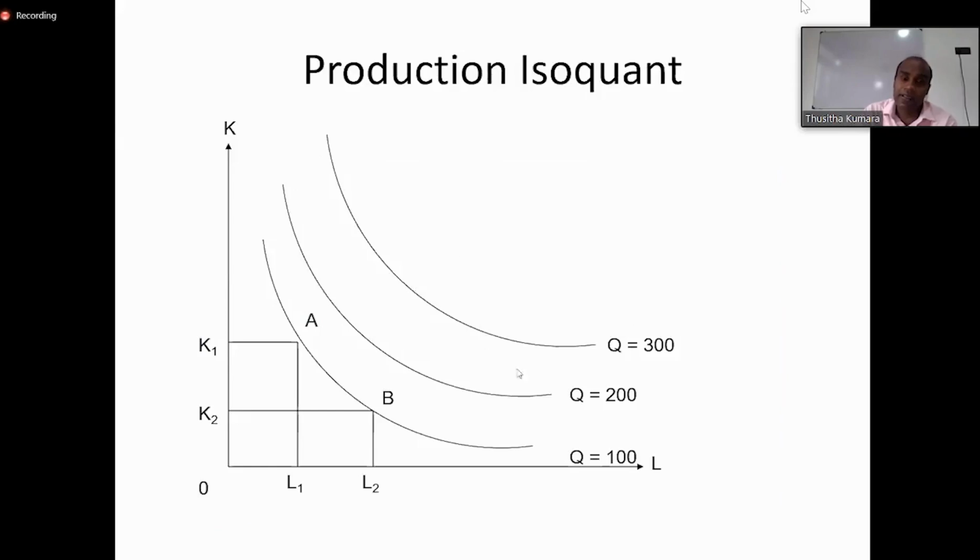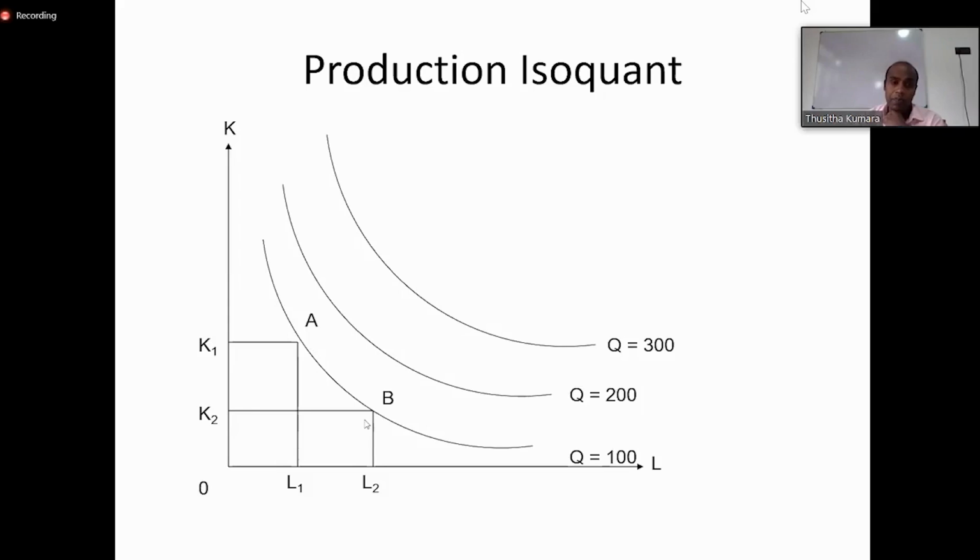One thing I want to highlight other than that is, if you get into a higher order isoquant, like here Q100, so Q200, which is above Q100, says it's a higher output level. For simplicity, let's assume 200. At that output level, the combination of capital and labor will not be either A or B. If you want, you can extend this to produce Q equal to 200.